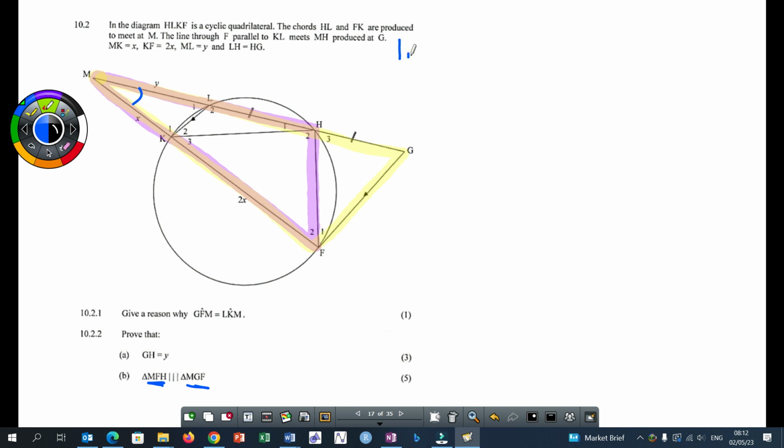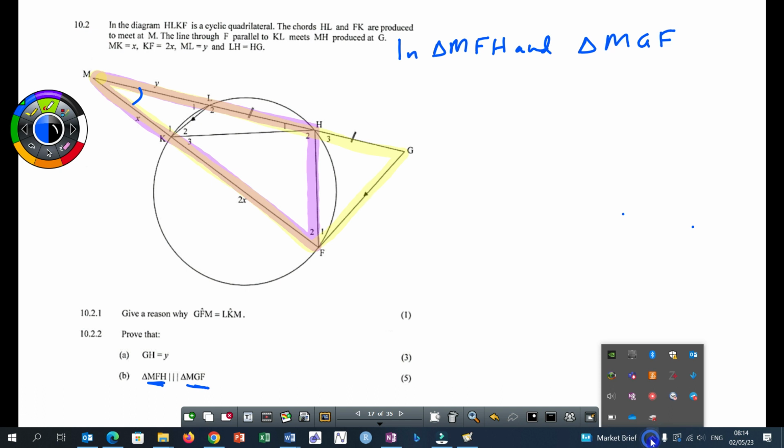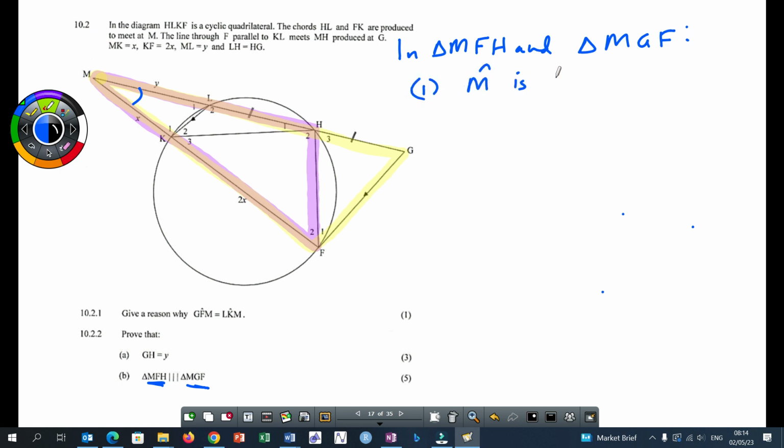So right here in triangle MFH and triangle MGF, angle M is common.